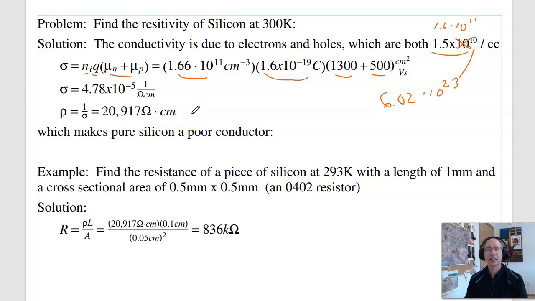Basically saying that pure silicon is a poor conductor at room temperature. Suppose, another example, one finds the resistance of a piece of silicon at 293 Kelvin, or at this temperature.